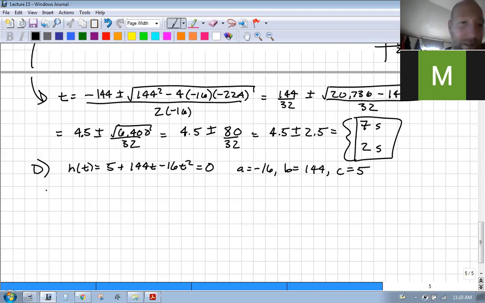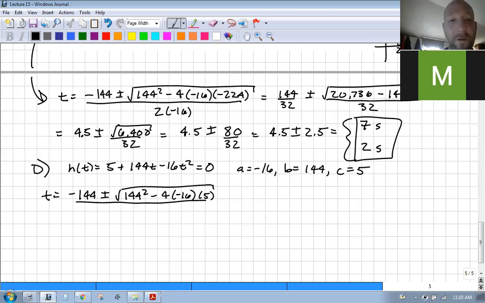So when this thing hits the ground, it's given by negative b plus or minus the square root of b squared minus 4ac, all over 2a.